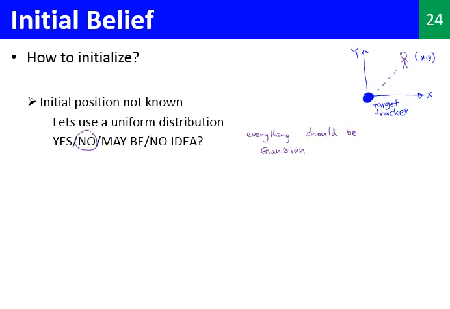Since we have no idea whatsoever, how about we use sigma naught as infinity on the diagonal and 0 for the off diagonal. Or maybe let's call this kI, where k is a very large number.